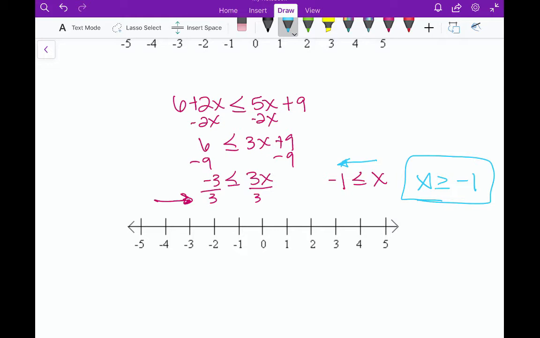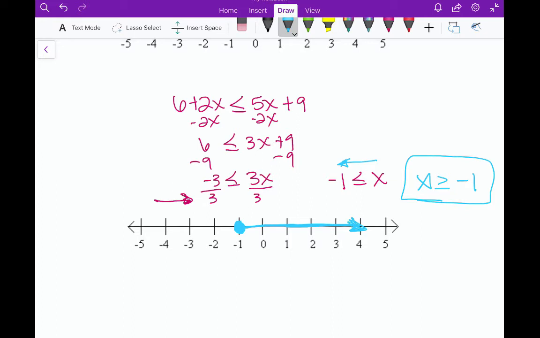So x is greater than or equal to negative 1. So I'm going to put a circle at negative 1, but this time it's greater than or equal to, so it can equal negative 1. So this is going to get shaded in, meaning that is a solution. And then it's greater than, which is to the right of the number on the number line and anything past that.